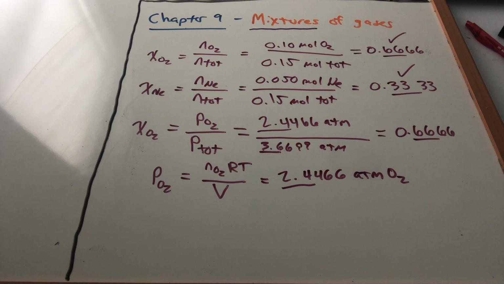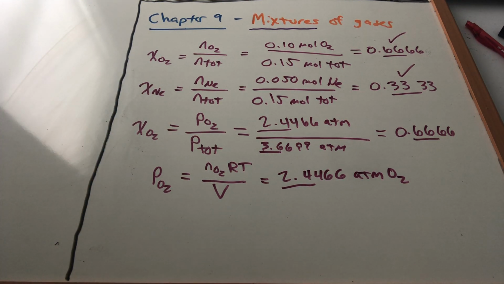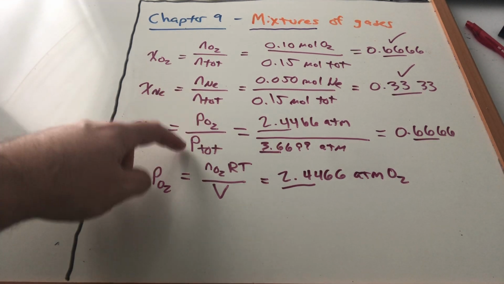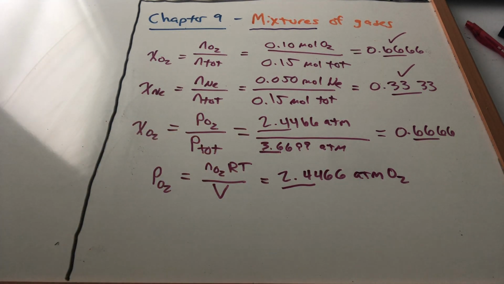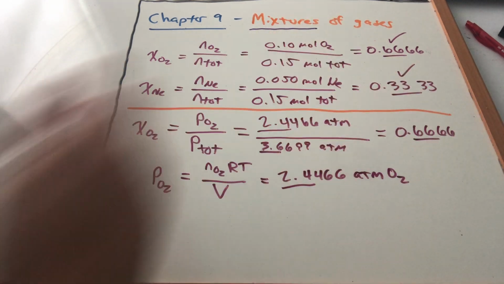Now you could do this exact same thing for chi of Ne, and I recommend that you do it. Figure out the partial pressure of Ne, divide by the same total, and guess what you're going to get? 0.3 repeating, right? The reason I'm showing you this in two different ways is, depending on the information that you're given in the problem, you might be given mole information.